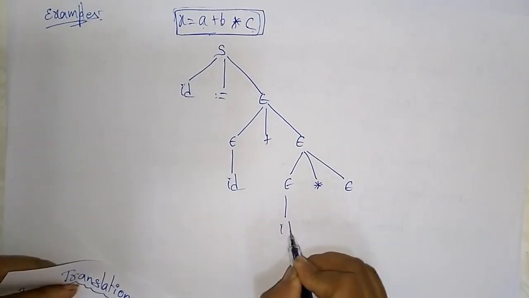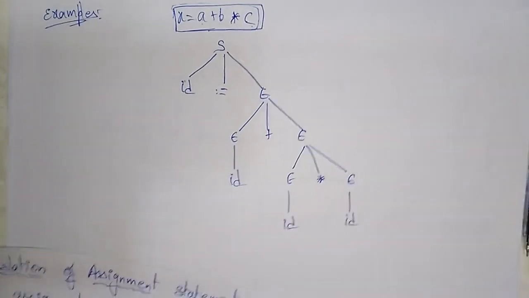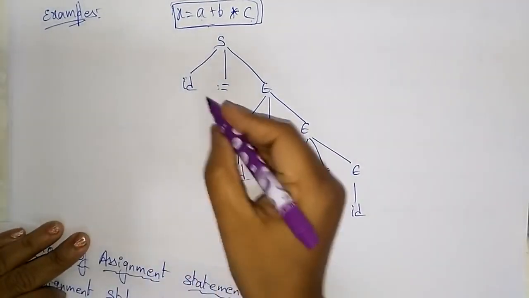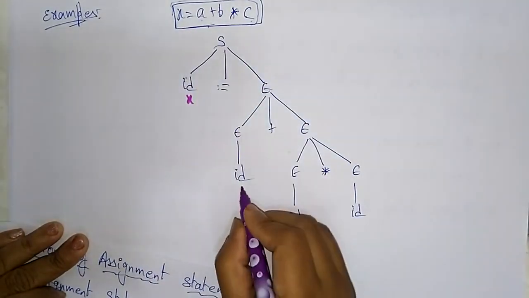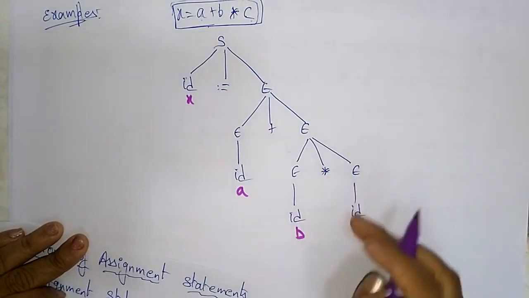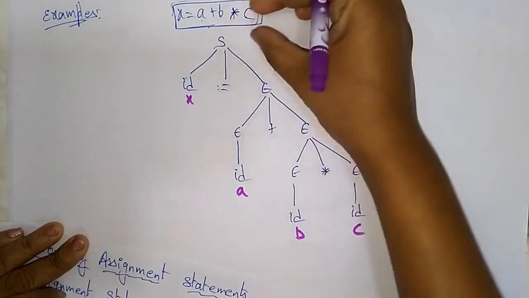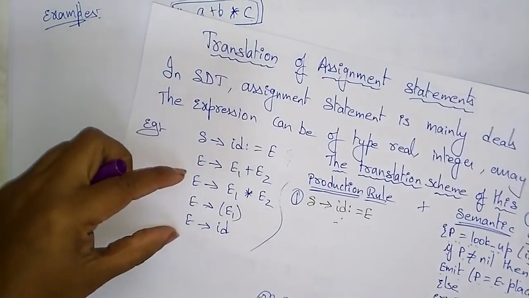So these are IDs, with the values x, a, b and c: x = a + b * c. That expression will be represented by using these productions.